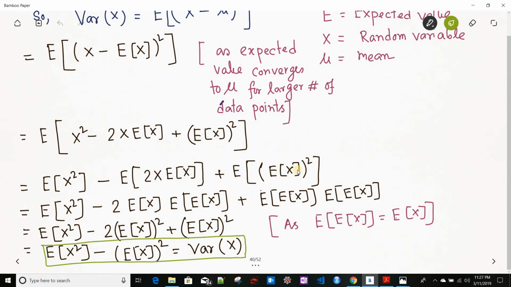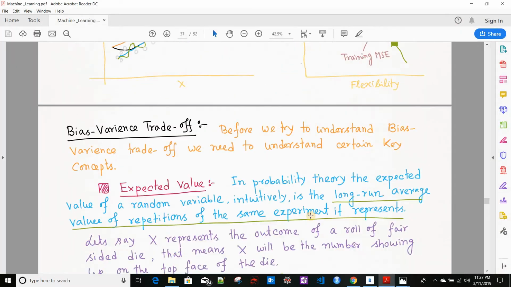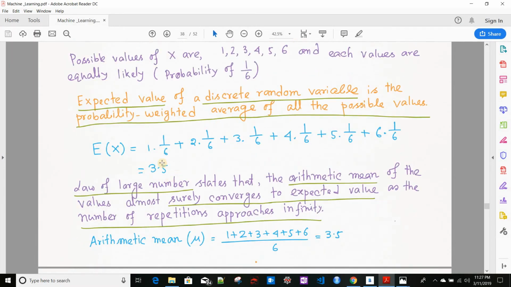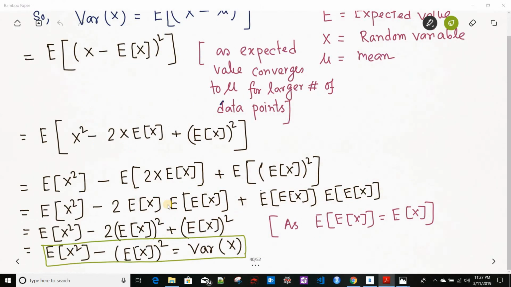Similarly, this one will be expected value of X times expected value of X. Now the expected value of X is again a number, because expected value is actually a number for a particular random variable. So the expected value of expected value of X is just the expected value of X, just like the expected value of 2.